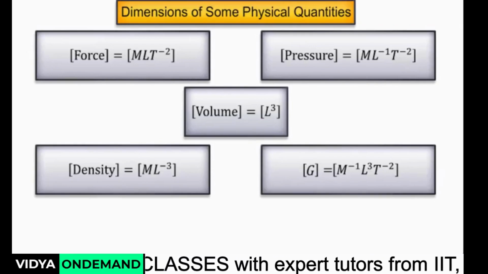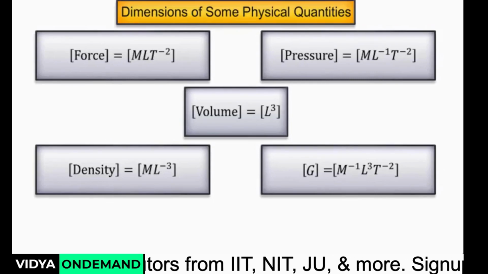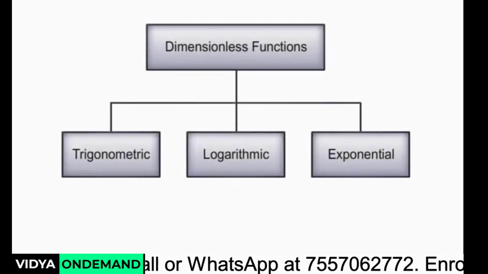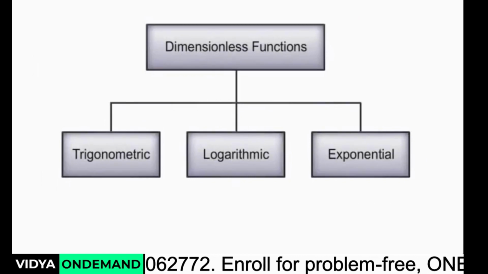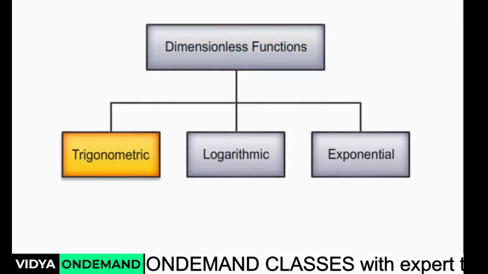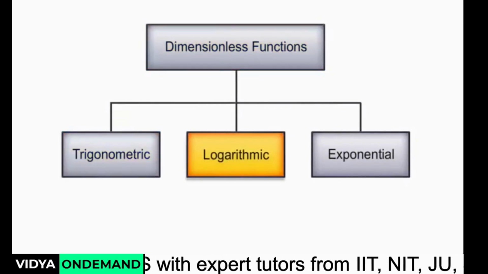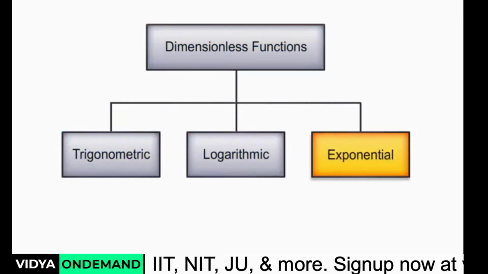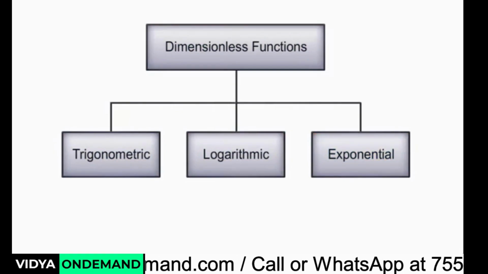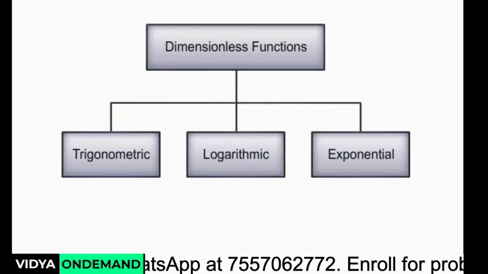Dimensionless constants cannot be obtained by this method. For example, the arguments of some dimensionless functions such as trigonometric, logarithmic, and exponential functions cannot be obtained using dimensional analysis. The ratio of similar quantities results in a pure number, which is again dimensionless.